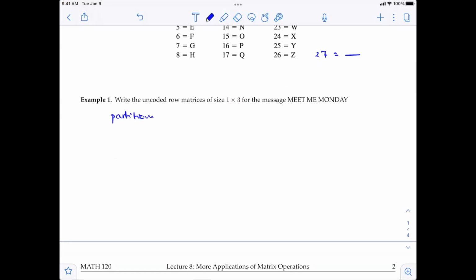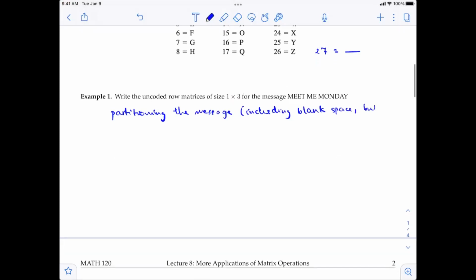So you partition the message, including blank space, but ignoring punctuation, into groups of 3.